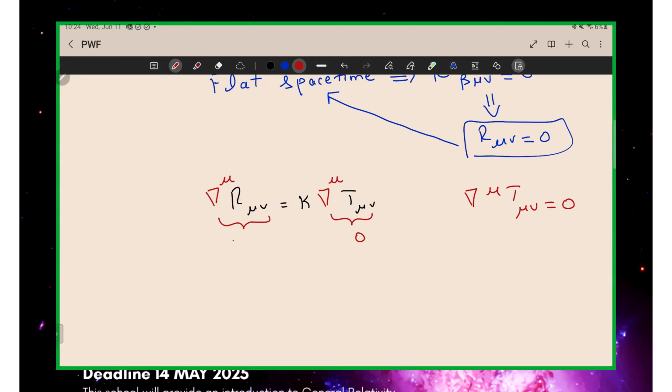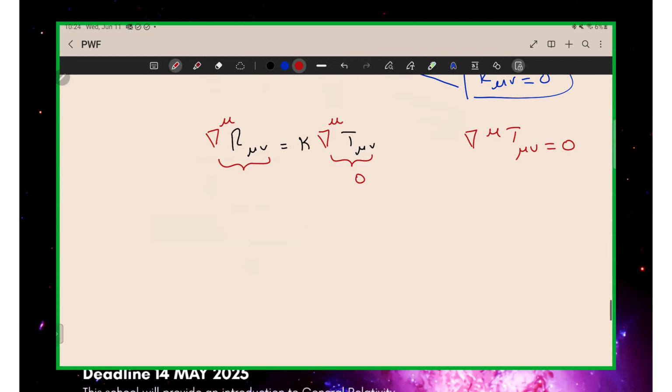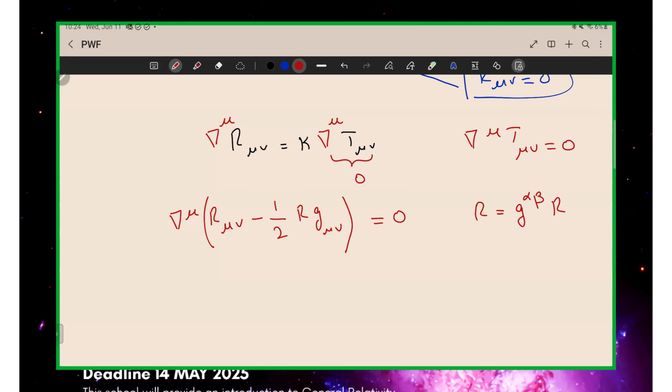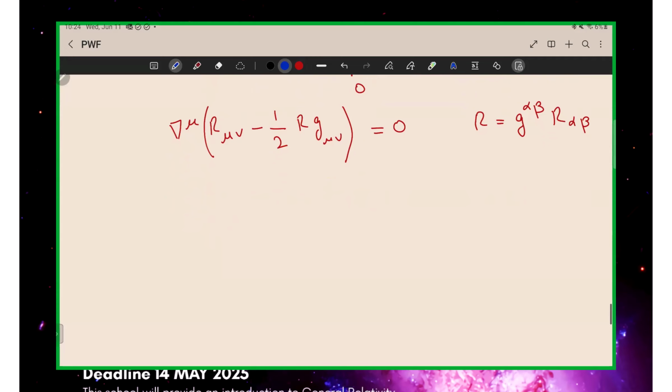If this is not zero, that's a problem. And if it is zero, then we don't have a problem, right? So is this zero? Well, that's one of the homework problems that you are going to do. You're going to show that the divergence of R mu nu is actually not zero, but if you take this particular combination that I'm writing here, that's zero, where R is just the Ricci scalar defined like this. So that's one of the homework problems. For that, you would need the Bianchi identity.